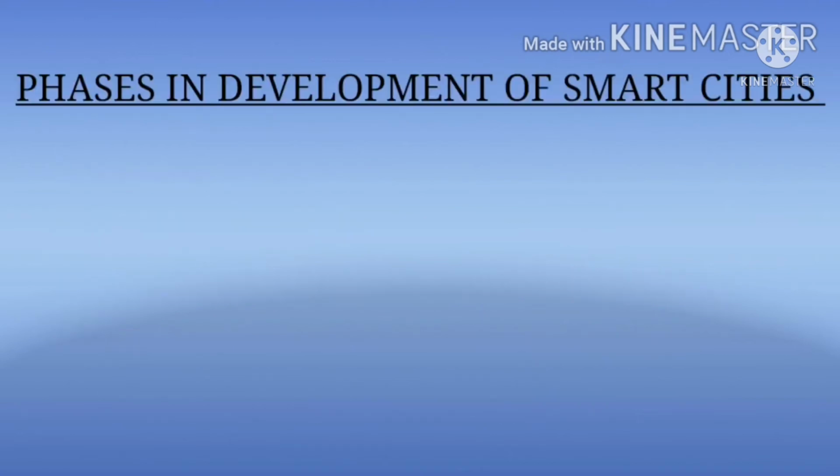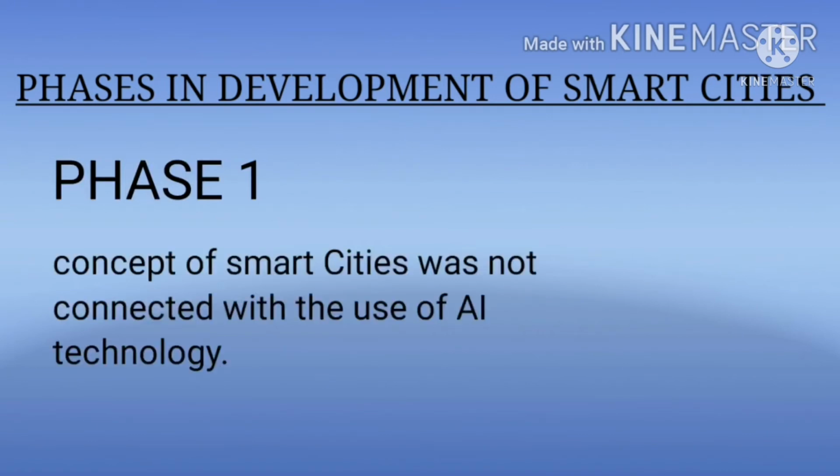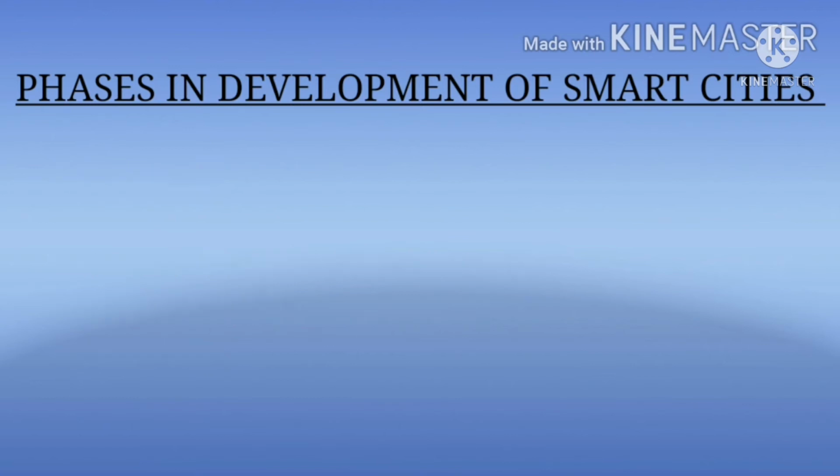The next is about the phases in the development of smart cities. Which developments took place in which phases? In phase 1, the concept of smart cities was not connected with the use of AI technology. There was only an online water bill system, replacing paper water bills with digital water bills. That was the only development in phase 1. And the next is phase 2.